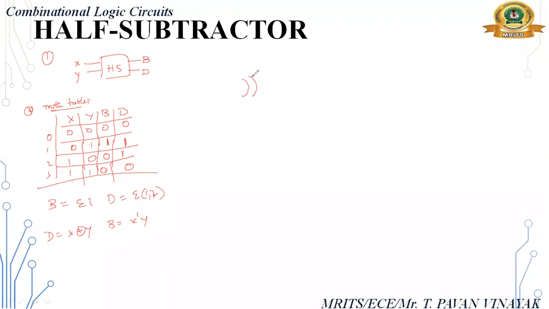First one is XOR with inputs X, Y. Second one is x bar y. This is the difference and this is the borrow. If asked, try to draw it using NAND.